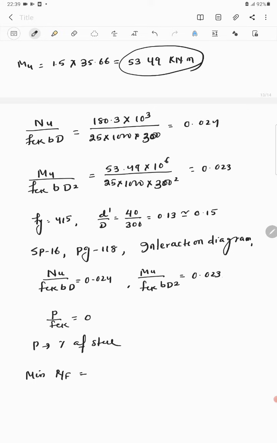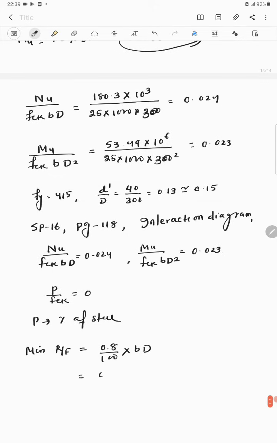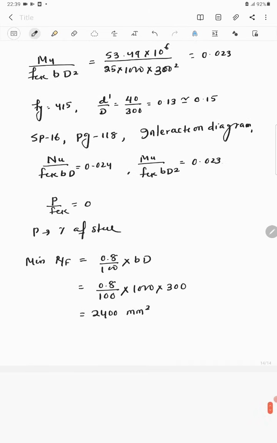At the sidewall, for a column, what is the minimum reinforcement? 0.8% of the cross-sectional area as per IS 456. So we can calculate this value, 1000 into 300 into 0.8 percent, this is coming 2400 mm square. Okay, so if you provide 20 mm dia bar, what will be the spacing? 1000 divided by 2400 by pi by 4 into 20 square.